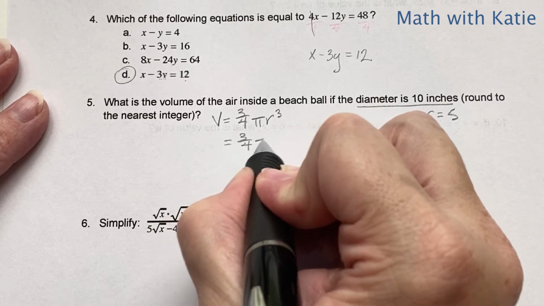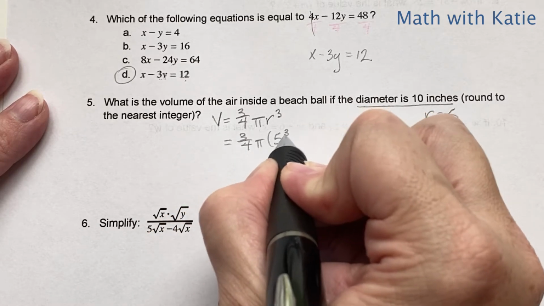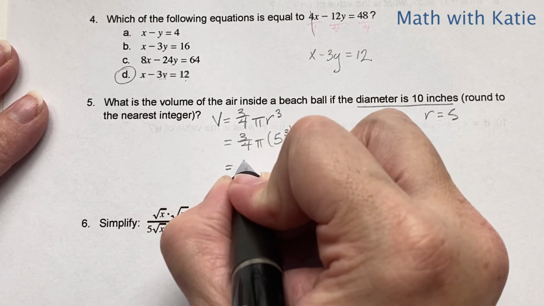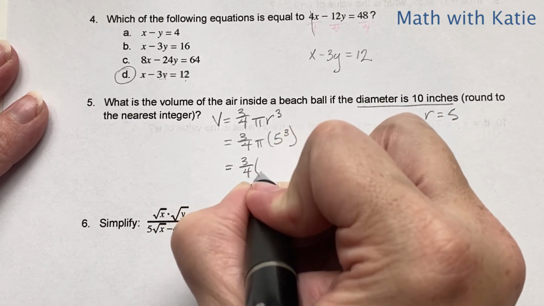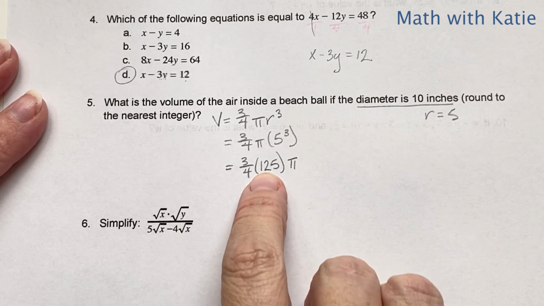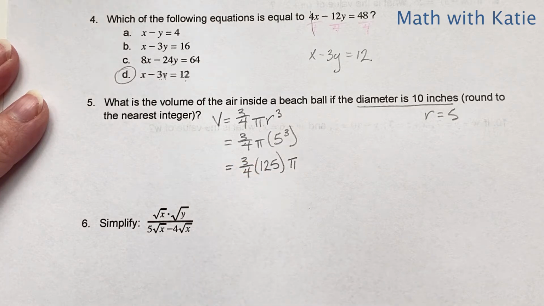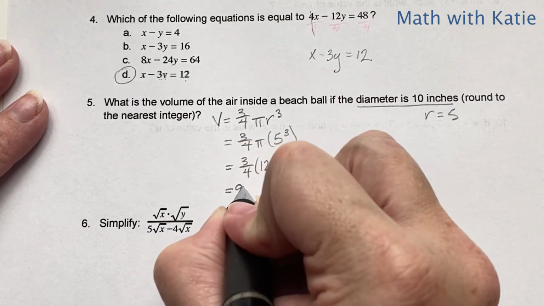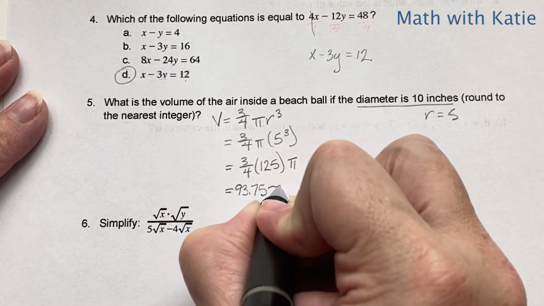Okay, 5 cubed. Okay, and then 125 times 3 divided by 4 gives 93.75 pi.